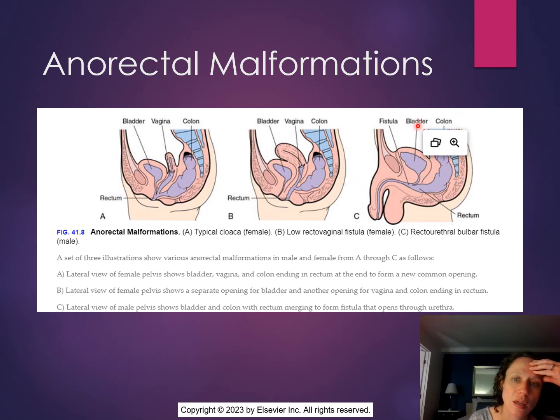And then for the male, the colon and bladder going to the same hole. That would be probably one of the worst issues that you could have, so it would definitely need to be fixed. Another word for it can be imperforate anus, so when you do not have a full anus.